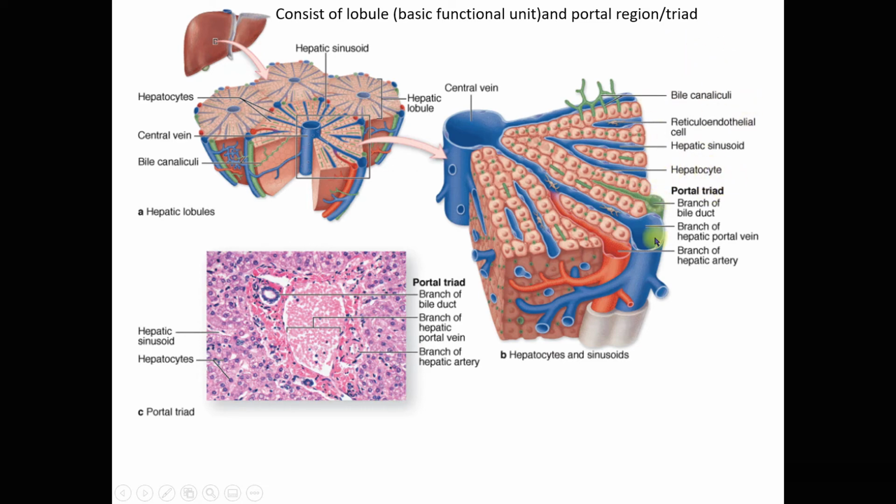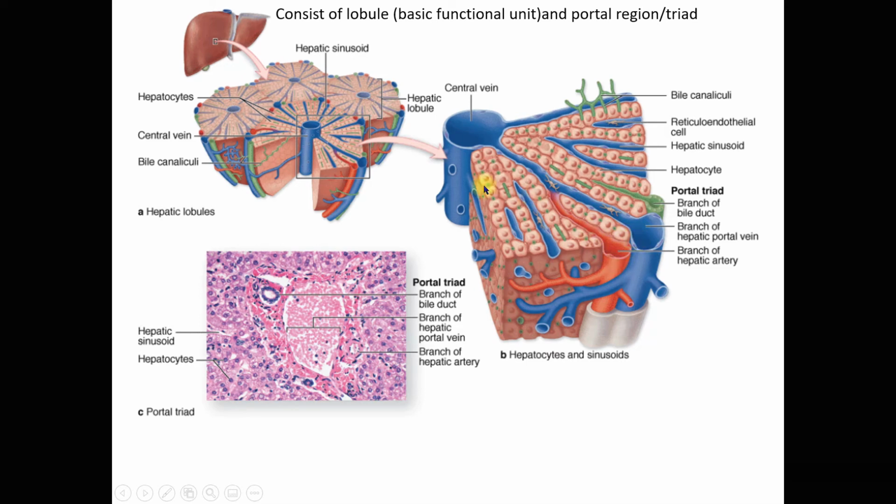Now, in the portal triad, there are three structures that can be found here, which is the bile duct. You can see the bile duct here, and then the hepatic portal vein, and the hepatic artery or hepatic portal artery.